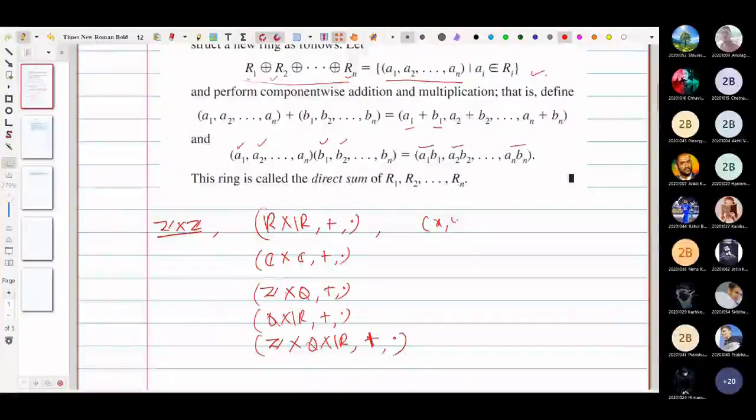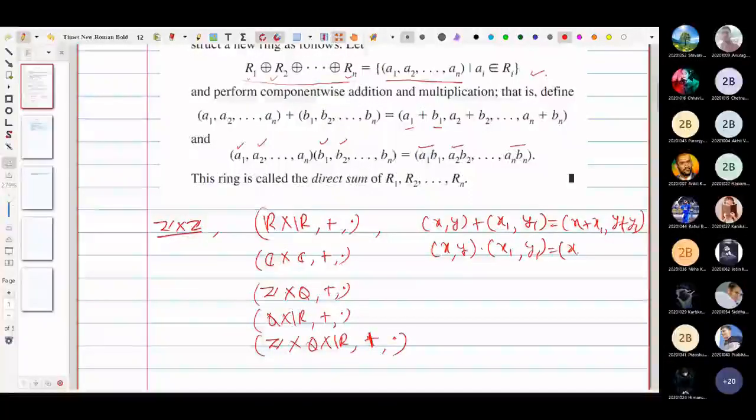If there are two elements (x, y) and (x1, y1), then their sum is going to be (x plus x1, y plus y1), and their product is going to be (x x1, y y1).